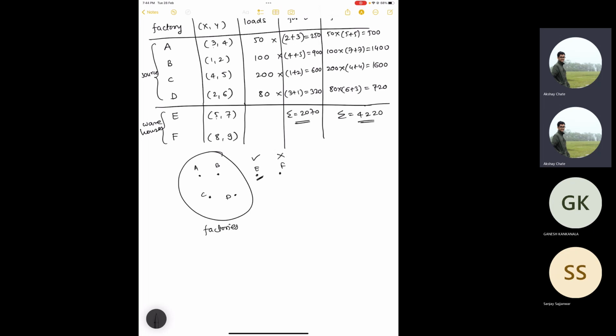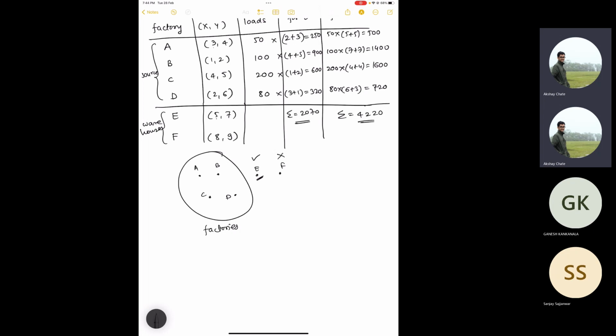So if you are comparing out of four factories which factory's goods you should take in your warehouse, I don't think the transportation cost should be your concern, because you are not paying anything, you are just receiving whatever is coming. So now your concern will be your own capacity.